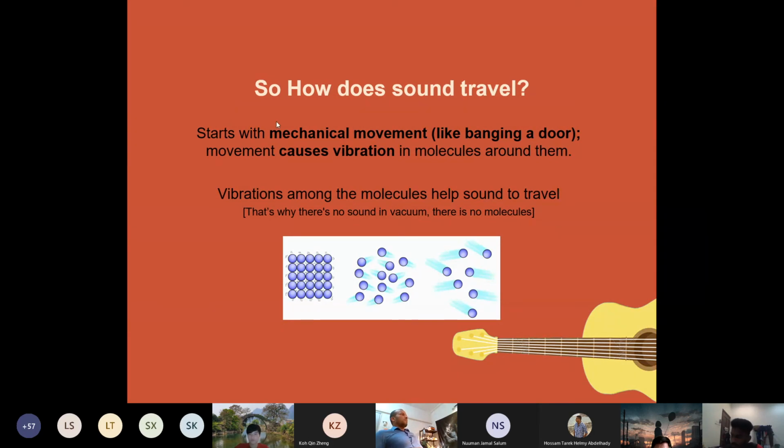So, how does sound travel? It starts with mechanical movement, like banging a door. Movement causes vibration in the molecules around it. So the vibration among the molecules helps sound to travel. This is what we already mentioned. Let's imagine these are the air molecules.